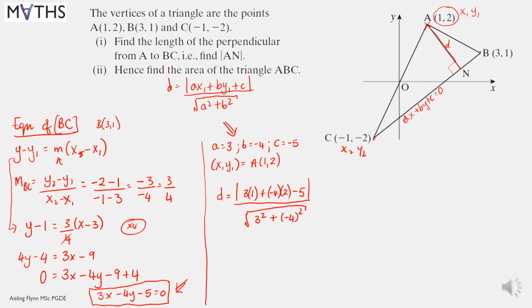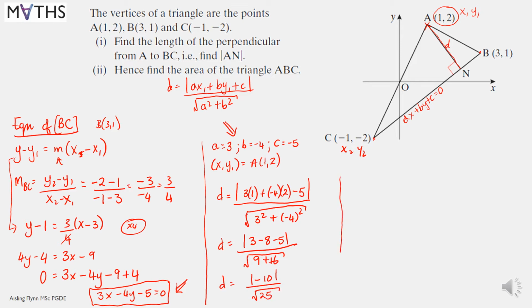Okay, so let's simplify as much as we can. Within the modulus bars we have 3 minus 8 minus 5. Under the square root we'll have 9 plus 16. On the top line, within the bars we get minus 10, and underneath we'll have the square root of 25.